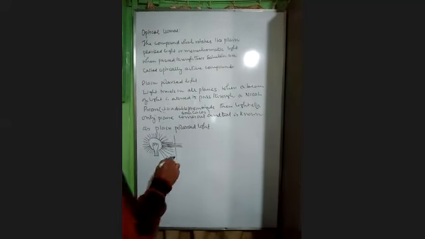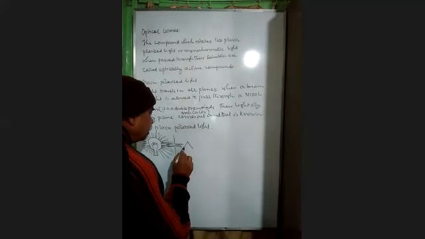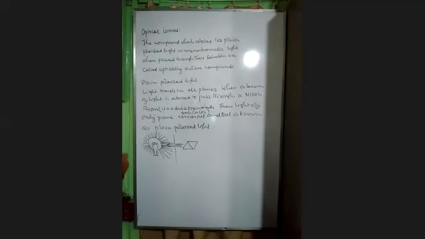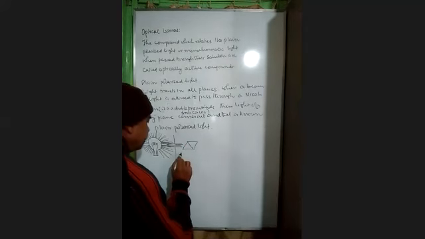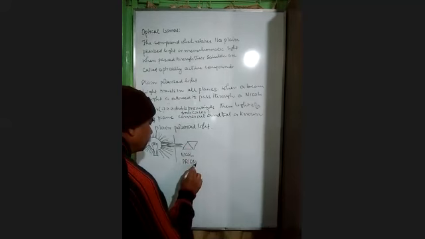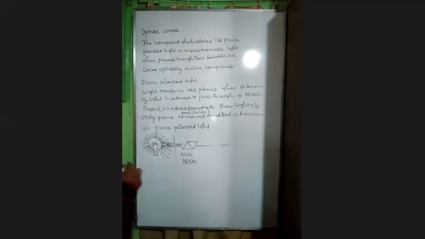So how does a double prism look like? A single prism looks like this. Double prism is like this. So this is the nicol prism. What will happen? You will find only one plane of light goes up.